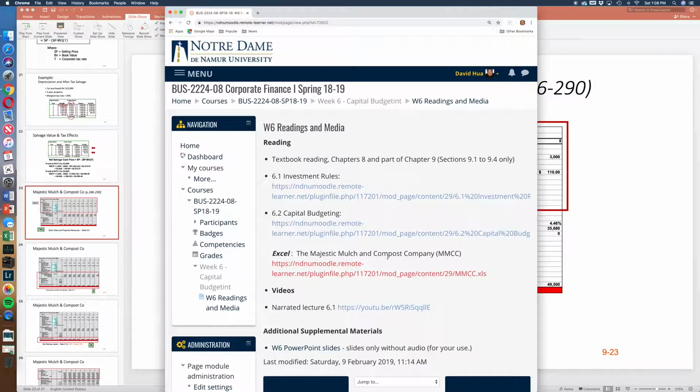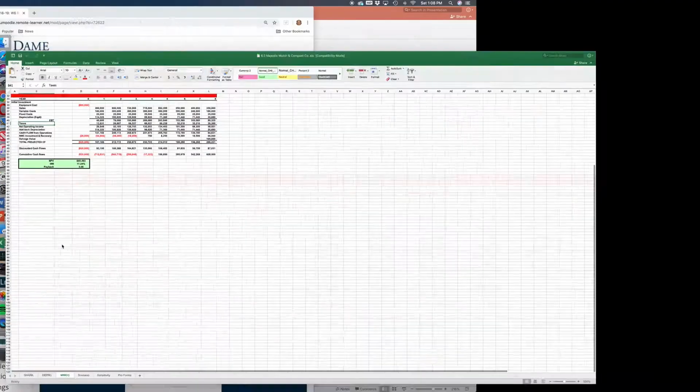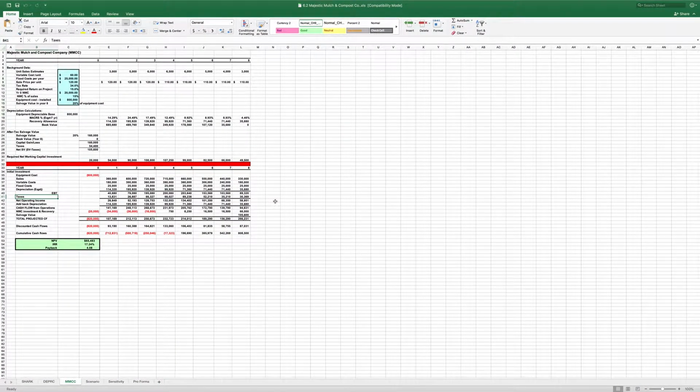And this file looks like this. You have this spreadsheet. Download that spreadsheet, okay? And we're going to study how the spreadsheet is built, okay?